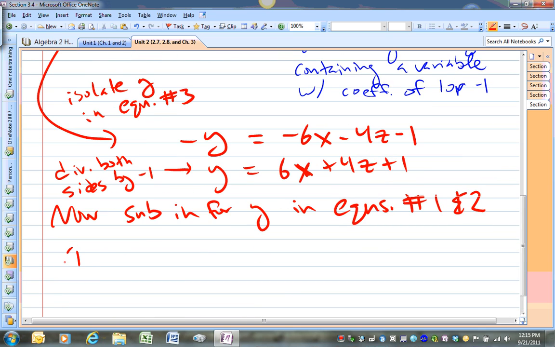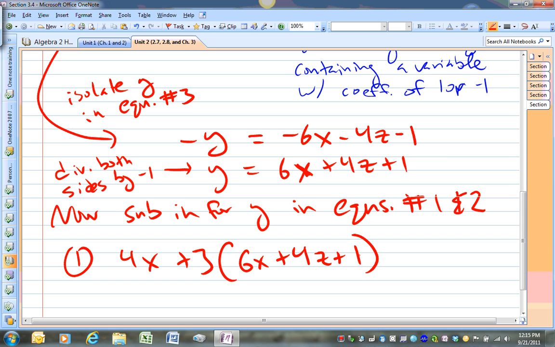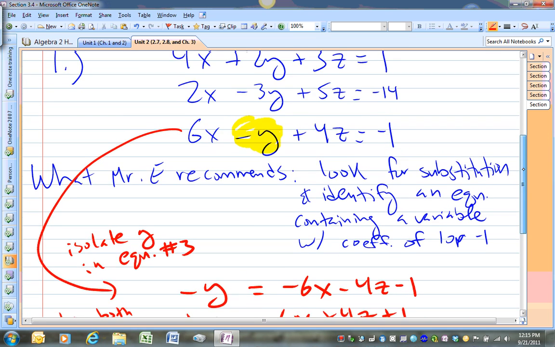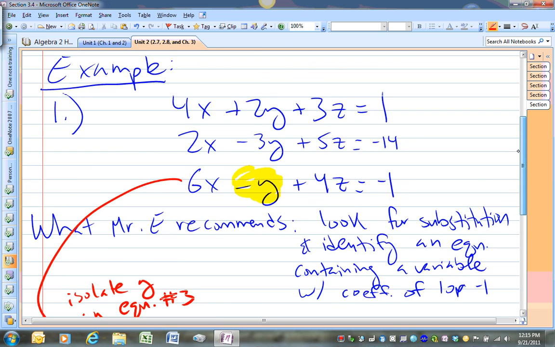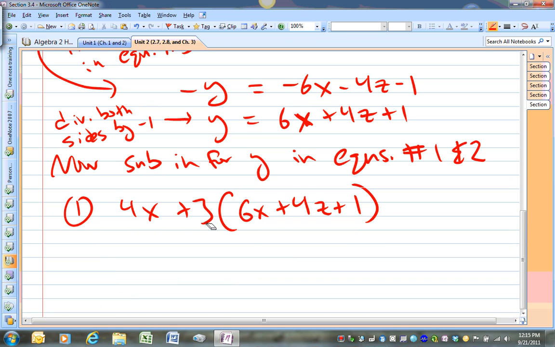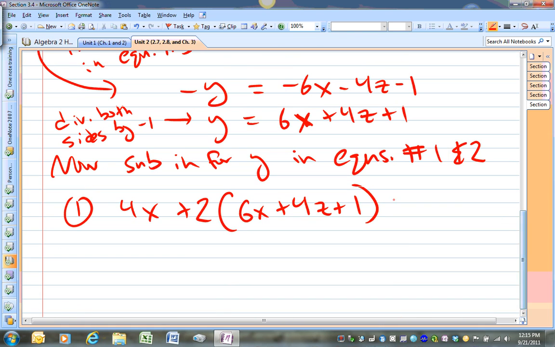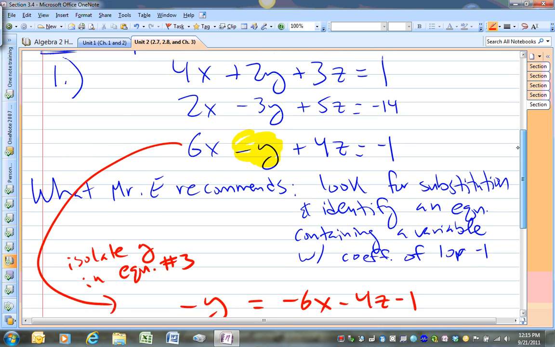So equation 1: 4x plus 2 parentheses 6x plus 4z plus 1, plus 3z equals 1.